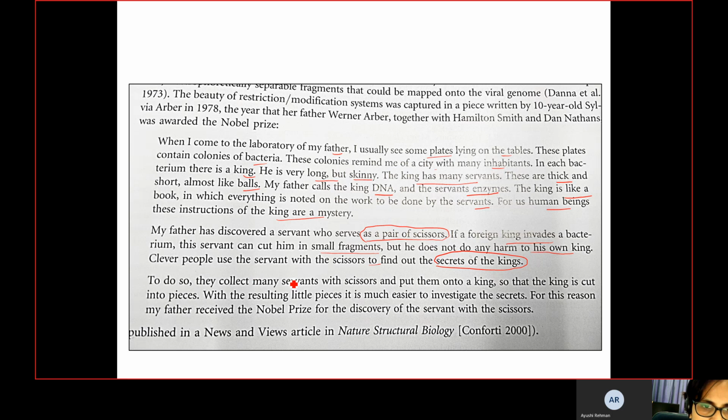To do so, they collect many servants with scissors and put them onto a king so that the king is cut into small pieces. With the resulting little pieces, it is much easier to investigate the secrets. And for this reason, my father received the Nobel Prize for the discovery of servants with the scissors.